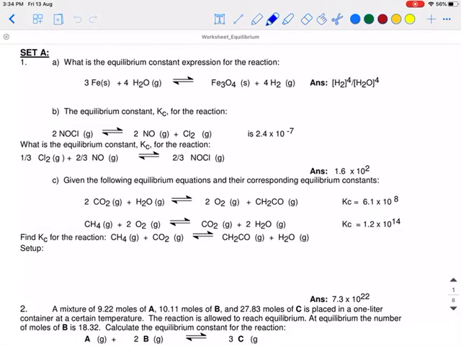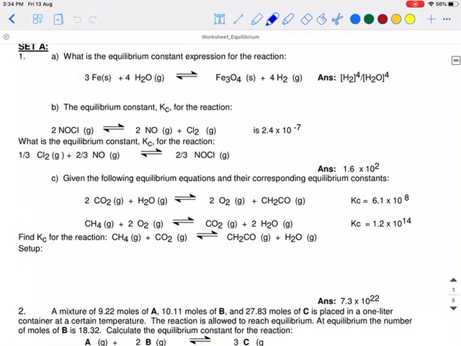Part A, what is the equilibrium constant expression for the reaction? The equilibrium constant, as you know, is symbolized by K. We include only gases and aqueous species, because solids and liquids have constant concentration. It's the concentration of the products raised to their stoichiometry over the concentration of reactants raised to their stoichiometry.